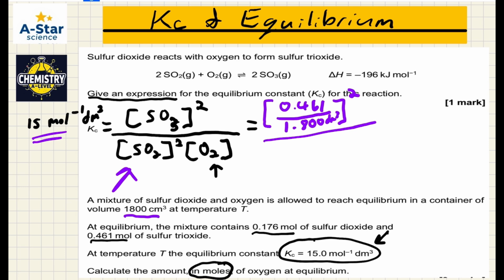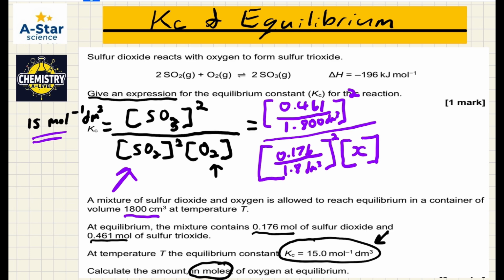And then we can do the SO2, which is 0.176 divided by 1.8 dm cubed, that's squared as well, divided by O2, which we don't know. So we're just going to leave that as X or O2 or question mark.